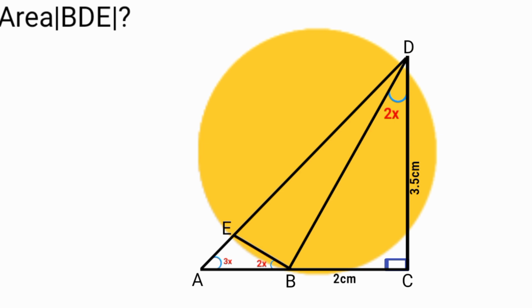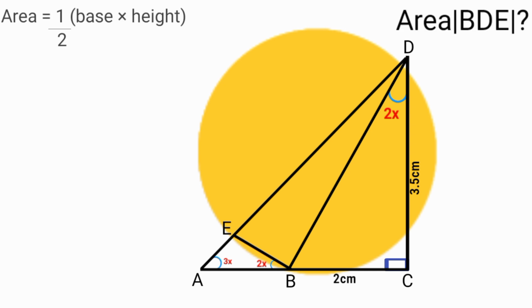The general formula for the area of a triangle is half base times height, but what are the base and the height of a triangle? To know the base and the height of triangle BDE, we must know the length of its sides, and most importantly, the angles of the triangle. So what are the lengths and the angles of the triangle? That's what we are going to find now.